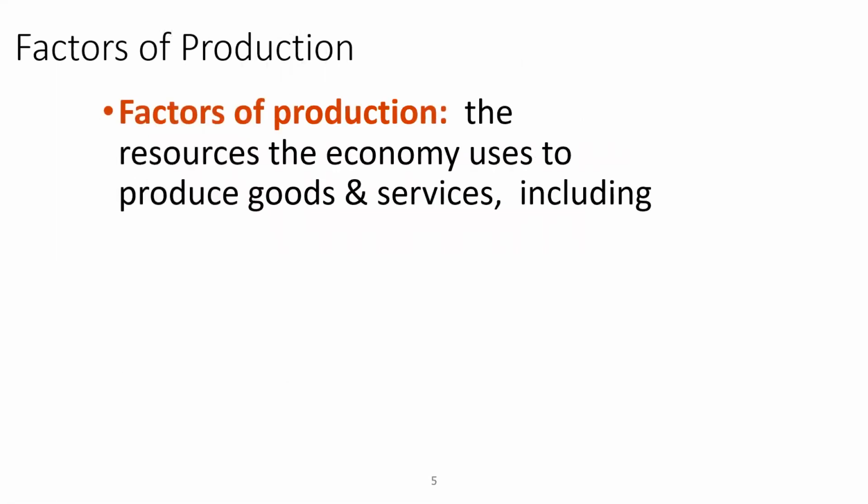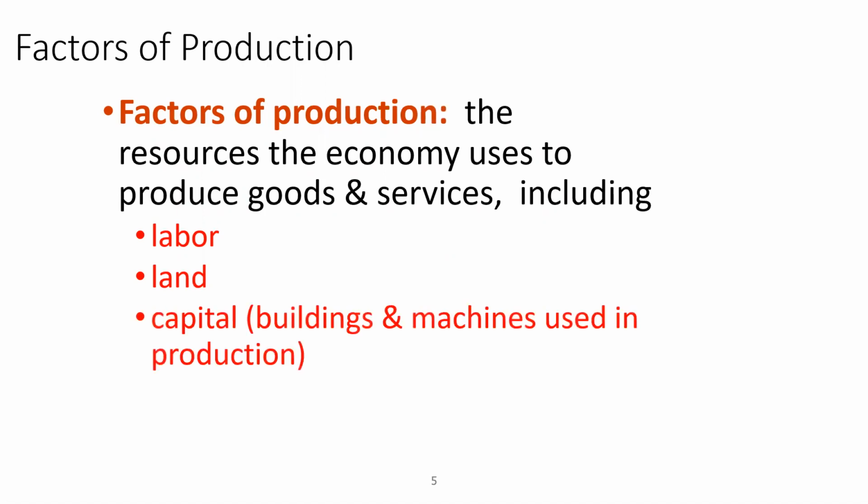Remember, the factors of production are the inputs that let us produce outputs, and they are labour, that's human effort, land, all the gifts of nature, capital, which is man-made inputs that let us produce more goods and services. So it could be buildings and machines, or tools, equipment. It could be a tunnel or a road or a power plant.